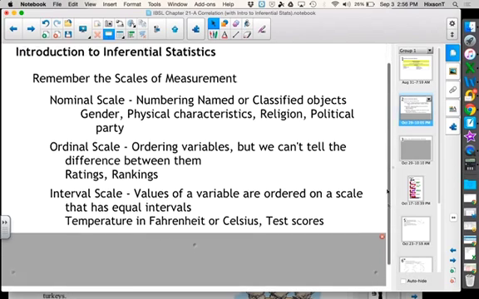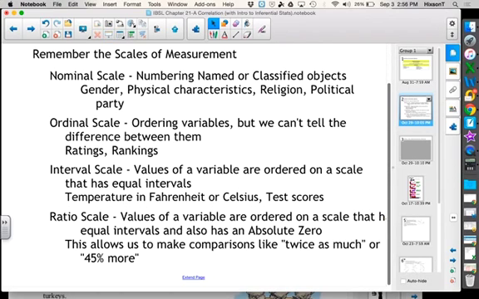And then, as you guys mentioned, the last one is the ratio score, or ratio scale. Here the key is, it's basically an interval scale except it has an absolute 0. And what that absolute 0 allows us to do is talk in terms of comparisons like 45% more or twice as much.